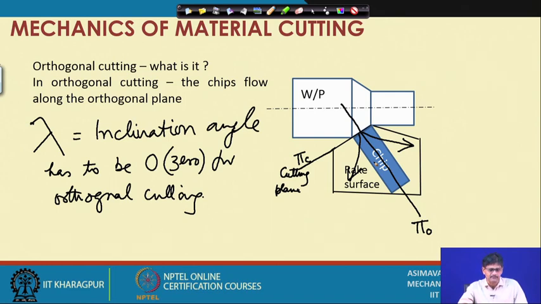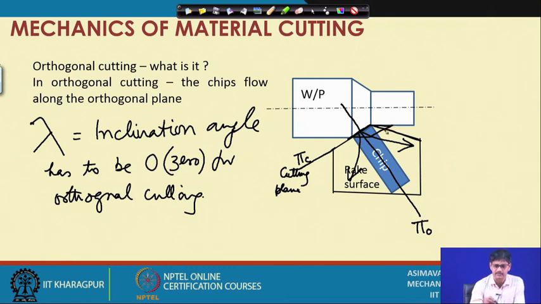So, now we have the need for identifying situations where it may be otherwise. The first situation was lambda not equal to 0. In that case, the chips will deviate. What are the other effects? For example, this particular auxiliary cutting edge also does part of the cutting. The material is removed by the cutting tool by the combined action of this cutting edge and that cutting edge.